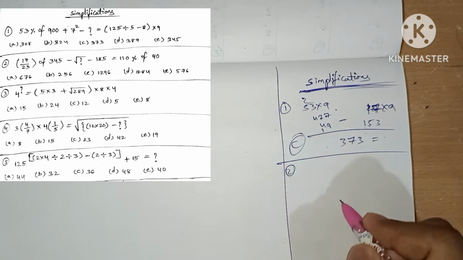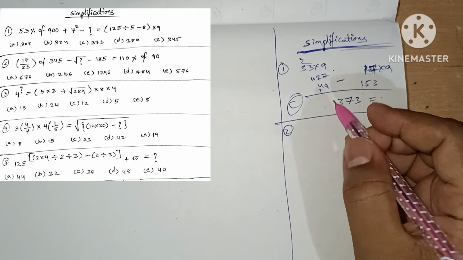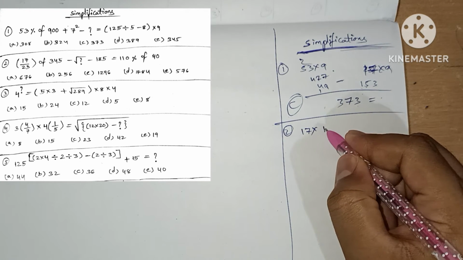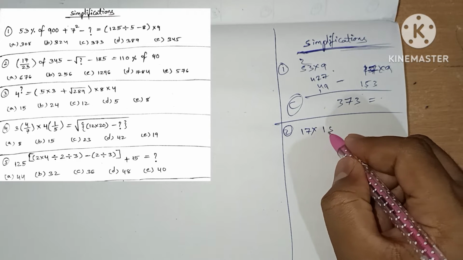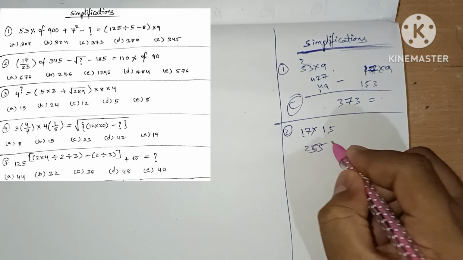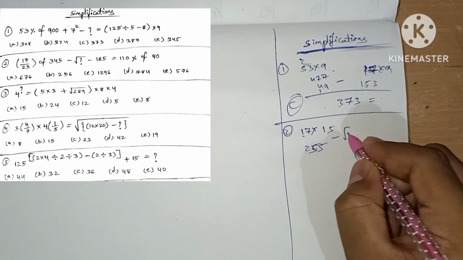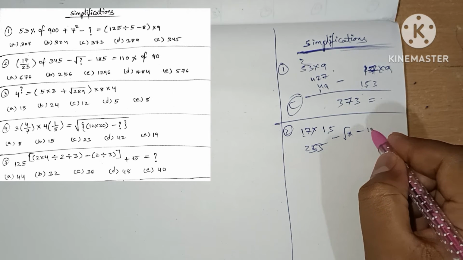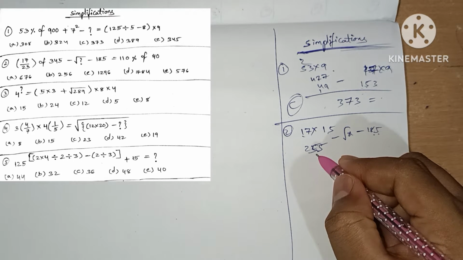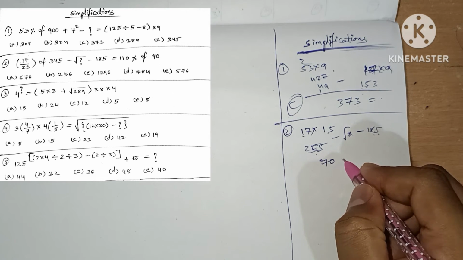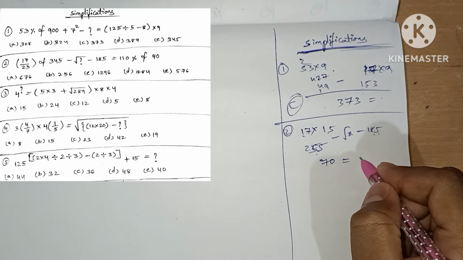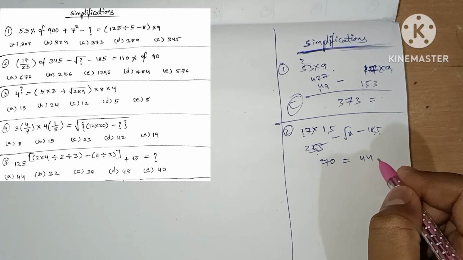Second question, 17 divided by 23 into 345. 17 into 23, 1 times 23, 115 means 5 times. 17 into 15 times will be 255 minus root over x minus 185. So the difference between these two is 15 plus 55, which will be 70, equals to 110 percentage of 40, means 11 4 times 44.